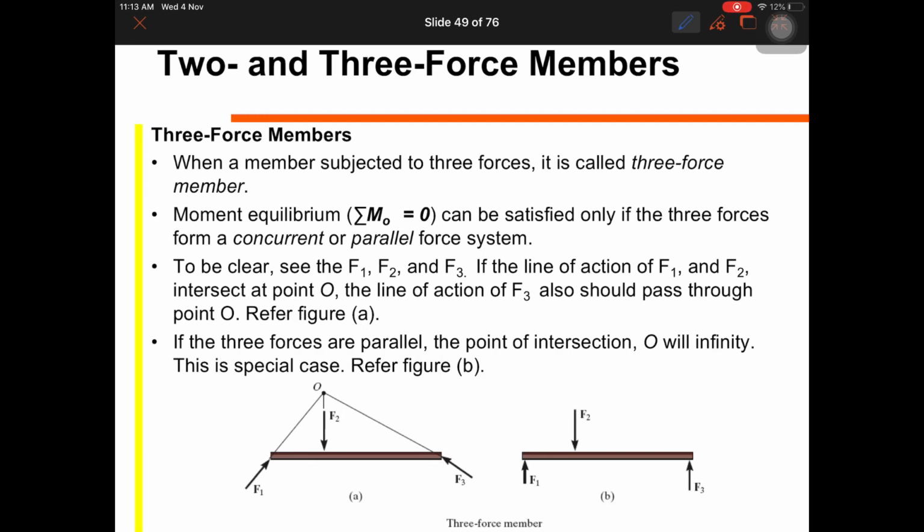Next is the three force member. So what is a three force member? The member has three forces. You have force 1, force 2, and force 3, and all these forces must meet at one point, let's say point O. Alright, so this becomes equilibrium. The condition for forces in a three force member is either they meet at one point or they are parallel.